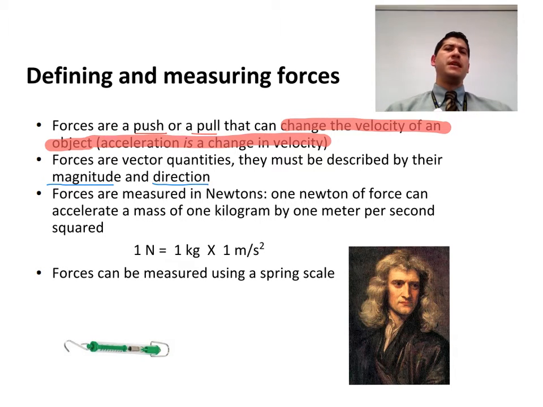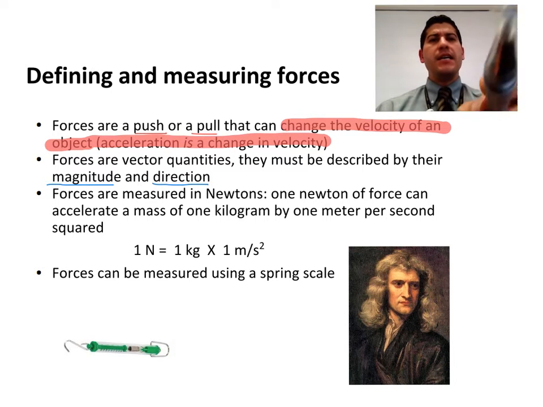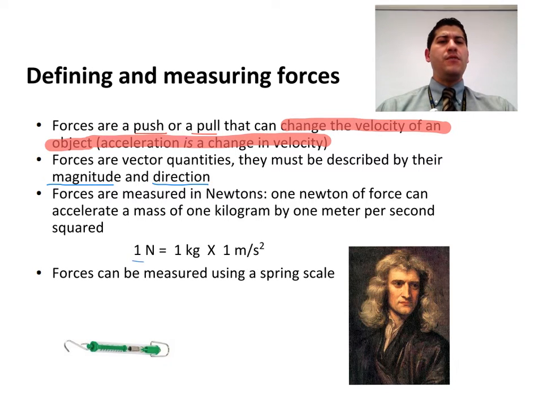And a newton is an interesting unit because the unit itself defines what it quantifies, what a force is. It's a derived unit. 1 newton of force can accelerate an object that is 1 kilogram by 1 meter per second squared. What does that mean? A kilogram of mass or weight is about the size of a big textbook.